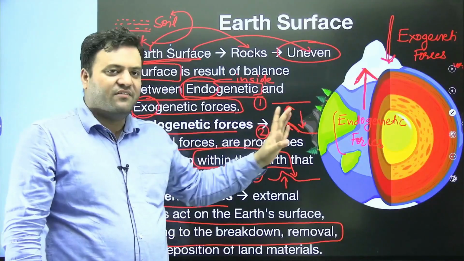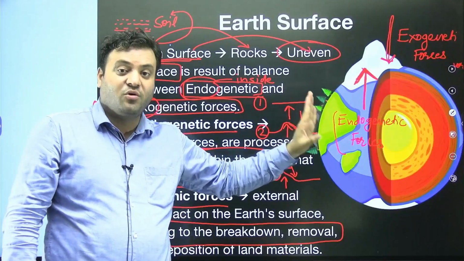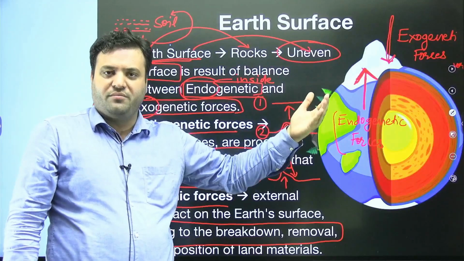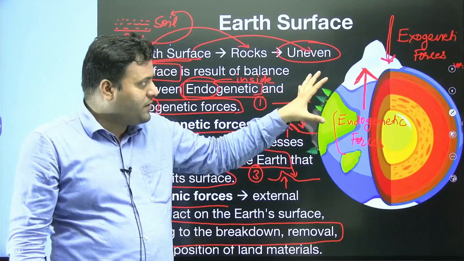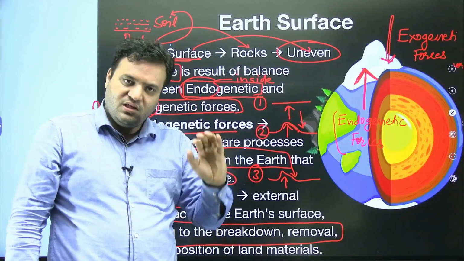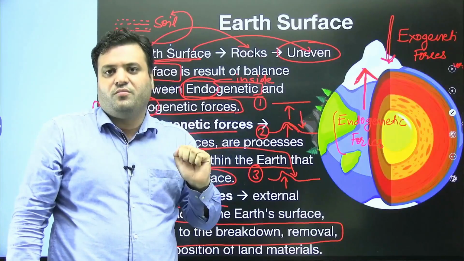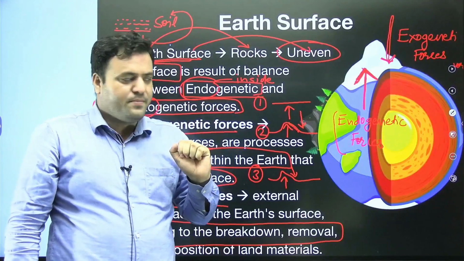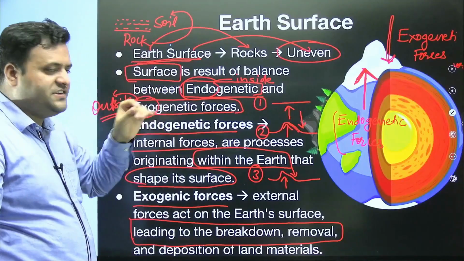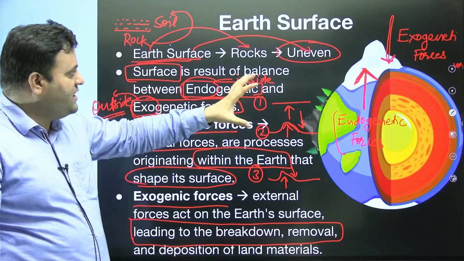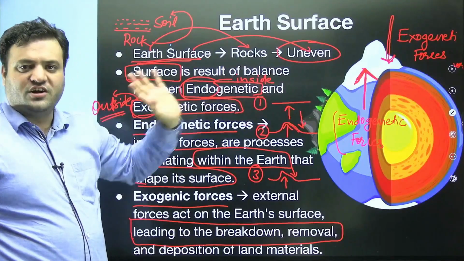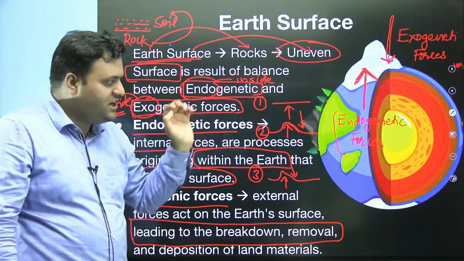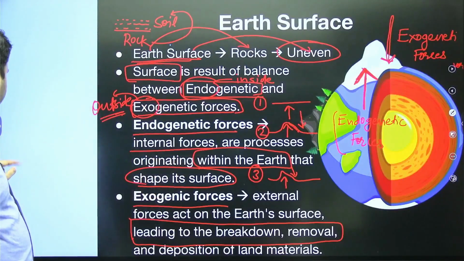Suppose we have endogenetic force which is more intense, that will lead to mountain building. Suppose we have more exogenetic forces, we would have wearing down of slope. So the surface is actually uneven because of the interplay between the endogenetic and exogenetic forces.